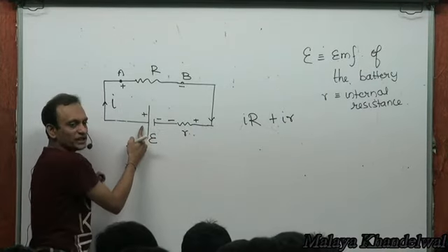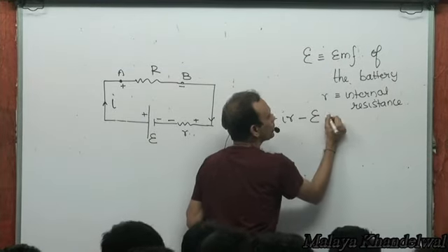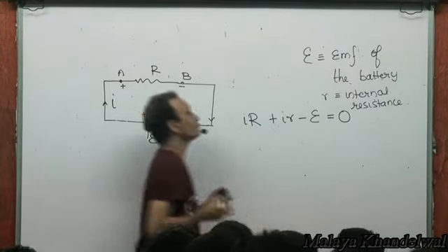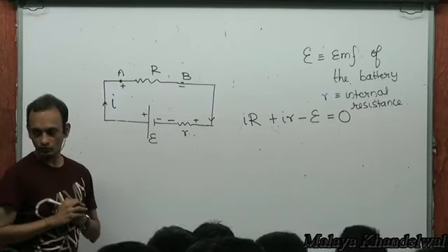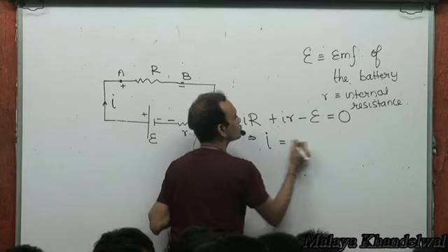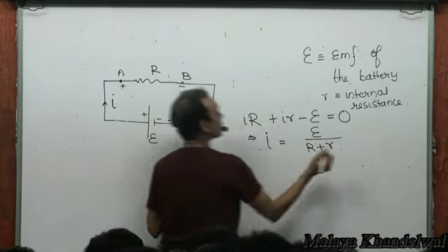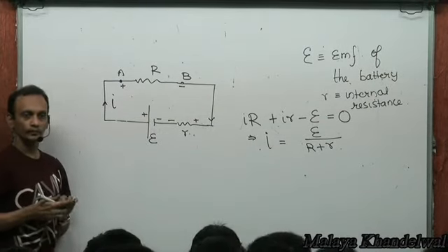And then from here to here there is an increase, so minus epsilon. All of this must add up to 0. Right? So I then turns out to be epsilon divided by R plus small r. Right?